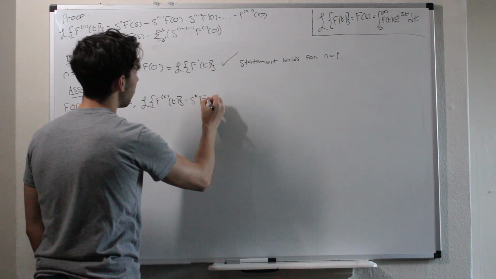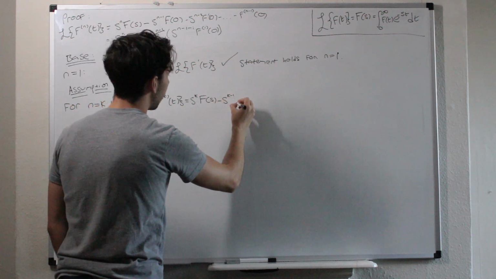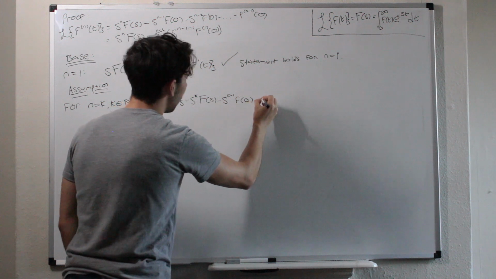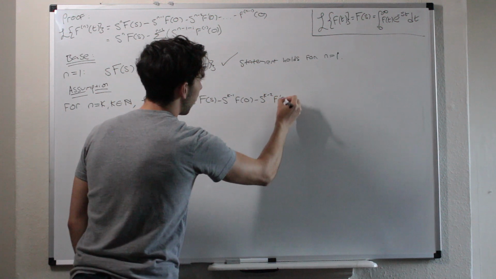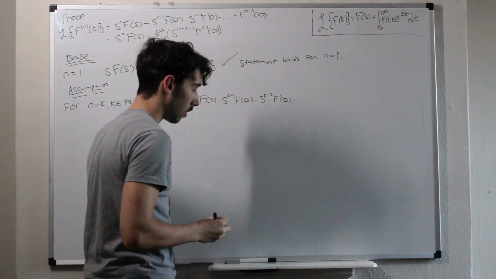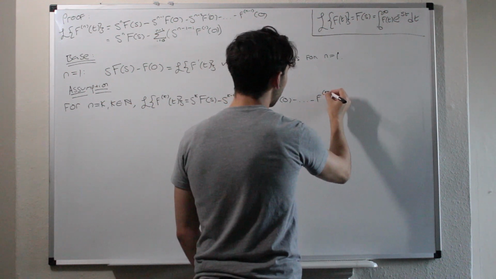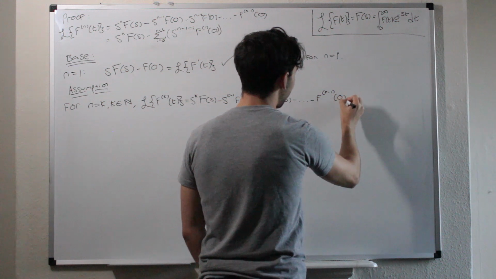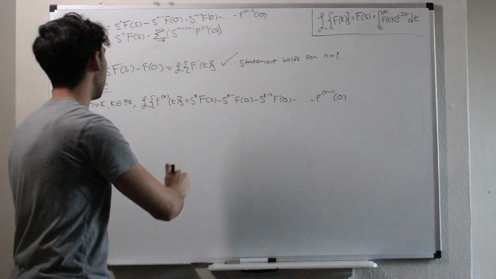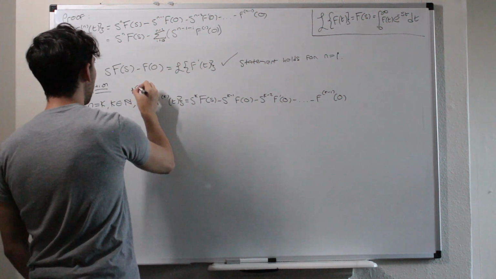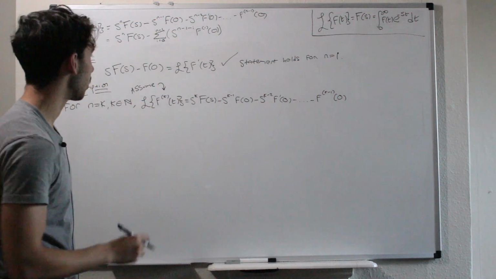So it's s to the k times capital F of s minus s to the k minus 1 times lowercase f of 0 minus s to the k minus 2, first derivative at 0, dot, dot, dot, all the way until we finally get down to the last term, which is the k minus 1th derivative of f evaluated at 0. Okay, so this is what we're assuming is true. Assume that this holds.